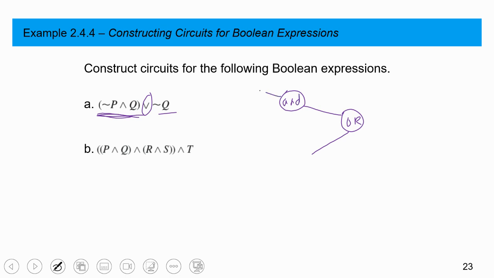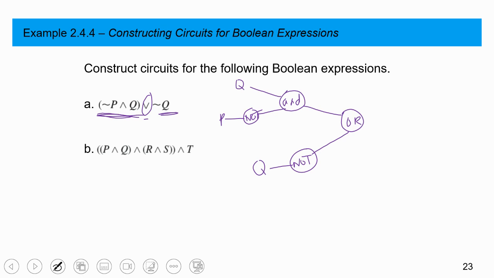I have a Q and I have a not P. So I need a not circuit and then P. And then the other side of this OR is a not Q. So I have another not circuit and Q. Now I know that's not exactly beautiful, but you can at least see my design here.